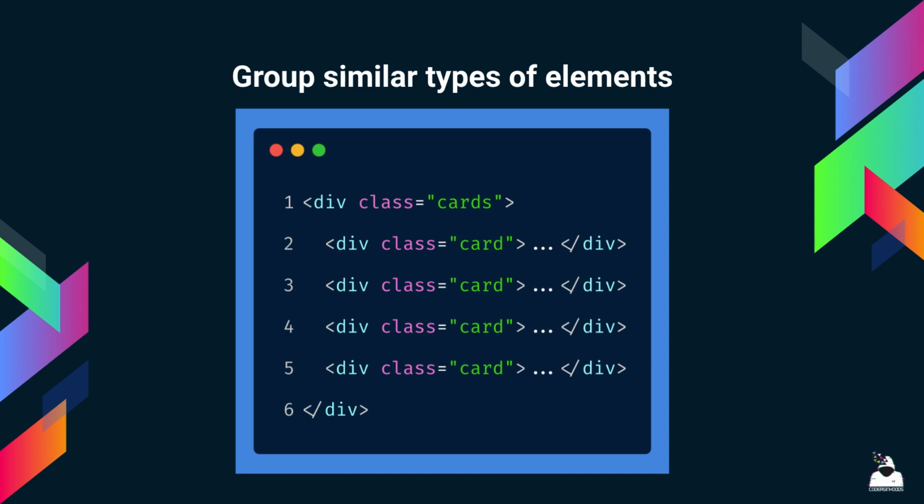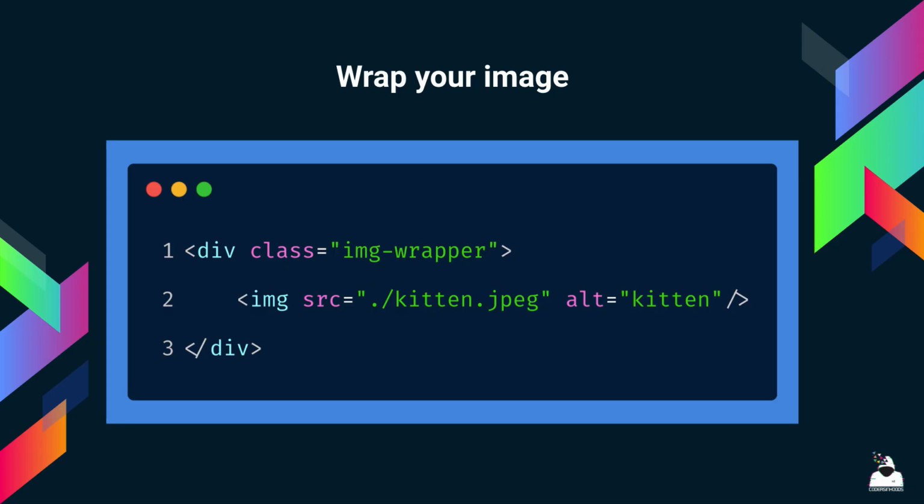Is it a good practice to have every image wrapped into divs? It depends. It depends on your project, but I would say most of the time that's what you would do. Yes, because you can apply different layouts to the wrapper rather than to the image itself. So the image will just sit in the wrapper, and then you can just style this without actually playing around with the image, which has some advantages.